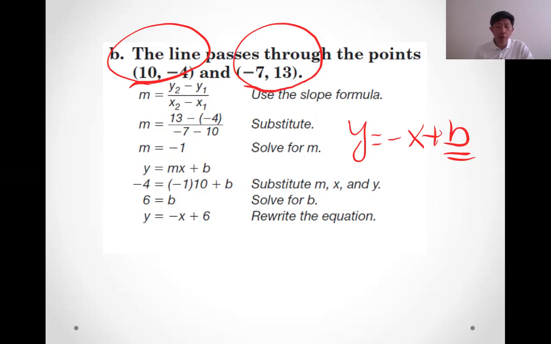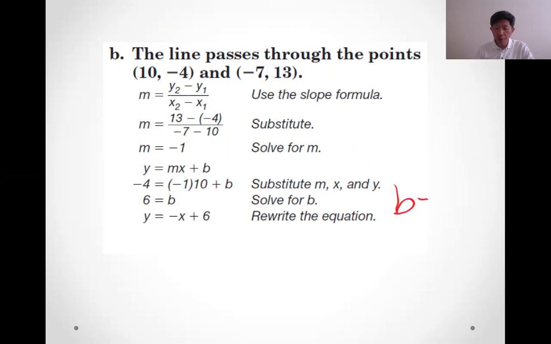Let's say I pick (10, -4) and plug in. Substitute x as 10, substitute y as -4. So -4 equals -1 times 10 plus b. Then simplify, I have 6 equals b. So that means b is 6.